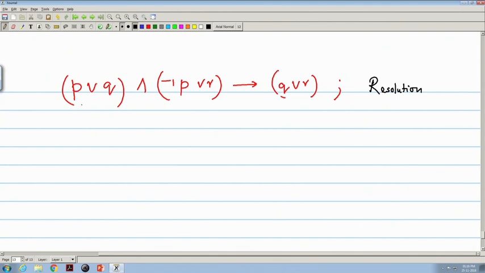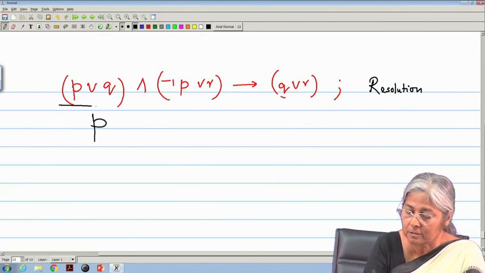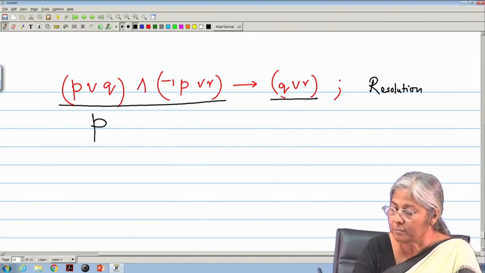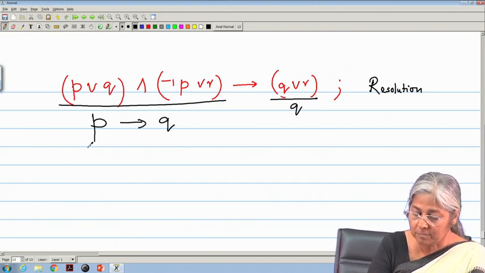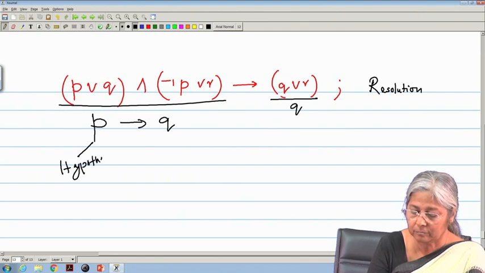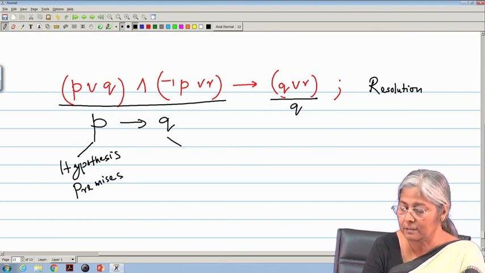So, here if I think that this is small p, this is my q, then p implies q. This is my hypothesis, or we can say premises, and this is the conclusion.